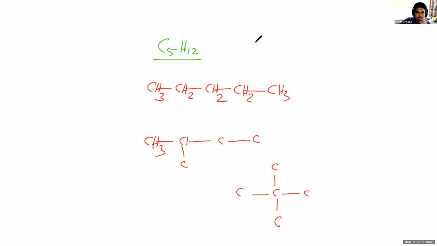How many hydrogens are possible? 1. Yes. This one is CH3, this is CH2, this is CH3. Even this is CH3, CH3, CH3. Now, how many hydrogen atoms are there on the middle carbon? No hydrogen, because all the 4 valences are used.